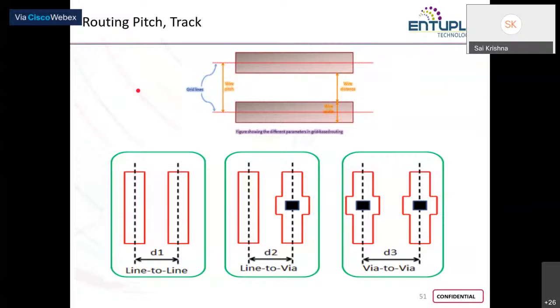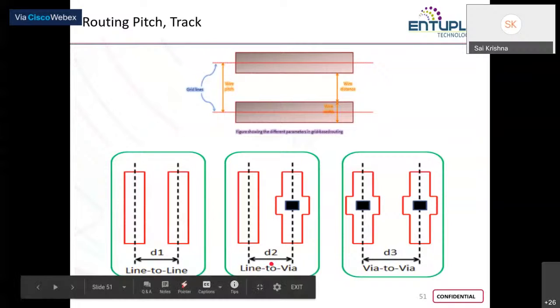Okay. Now here we have only taken the distance between two grid lines. But in case you have a via, there is a separate measurement for that also, and you can see that in the below picture.